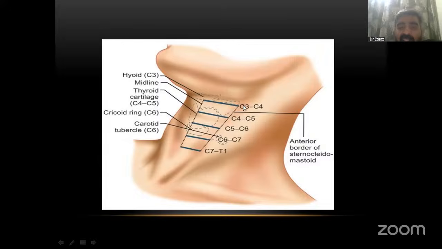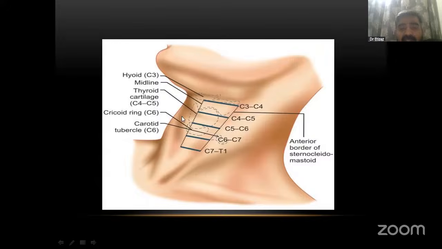So we can give the incision at the level of the hyoid bone when we are approaching C3-4. When we are approaching C4-5, we should know the thyroid cartilage level. We can give the incision at the level of the thyroid cartilage. Just below or downward, there will be the cricothyroid membrane.